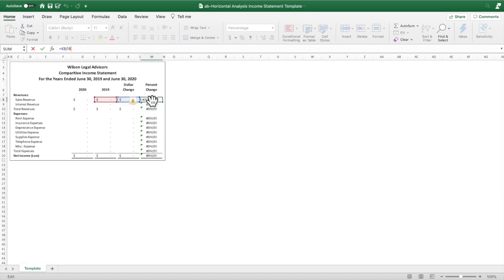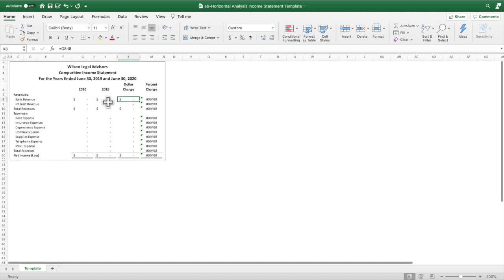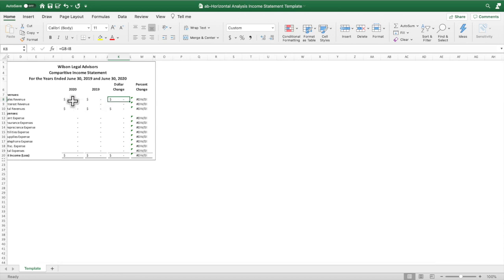So if we look at these formulas here, the dollar change is going to be 2020's income statement sales revenue in this section minus 2019's.